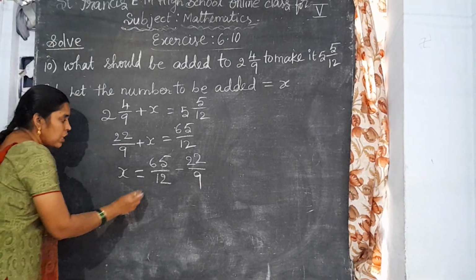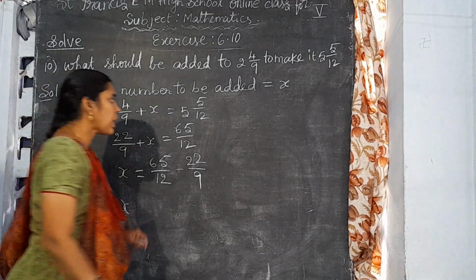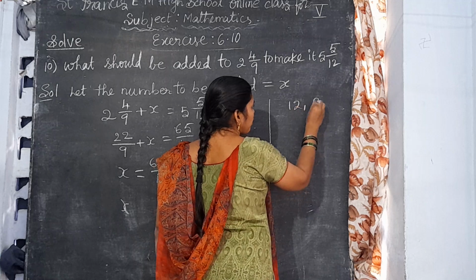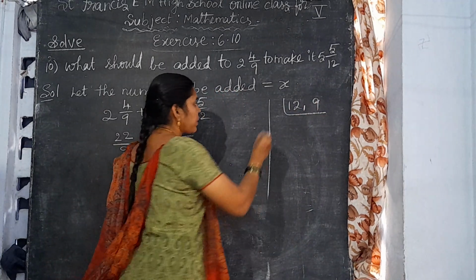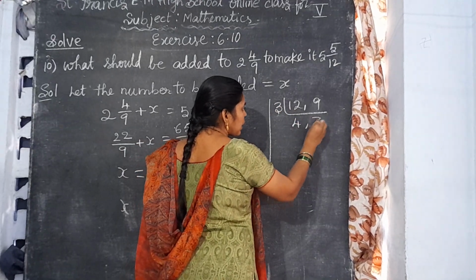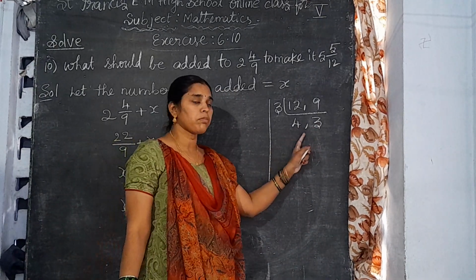Okay. Now see, are these given fractions like fractions? No. So you should convert. You should take LCM for the denominators, 12 and 9. Which table will go? 3 table will go. Right? So 3 4s are 12. 3 3s are 9. Again, will any table go in these two numbers?